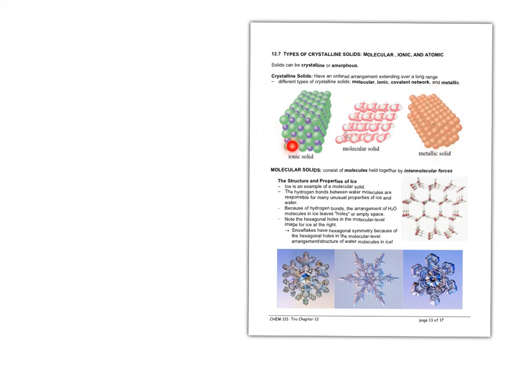So it's interesting to know that there are different kinds of solids, and those are the solids when they form a crystal. Now, water forms a crystal at 0 degrees Celsius. You've heard of snowflakes and how they each have a different geometric shape.